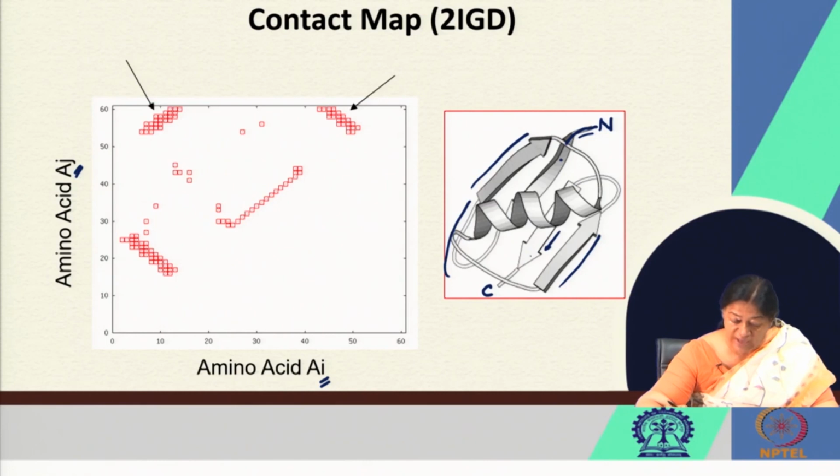And in the other cases here, these two beta strands are antiparallel, and so are these two beta strands, and the two in the middle are parallel. So, this is very clear from the structure of the protein in three-dimensional space.